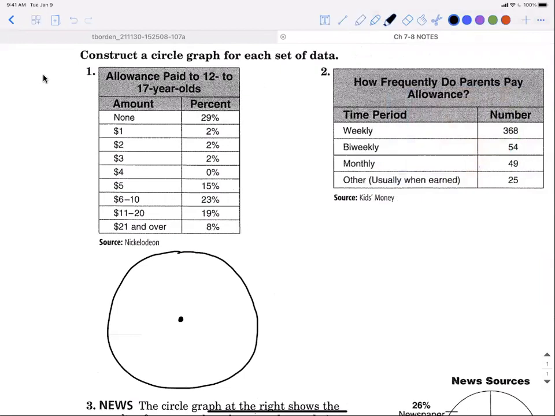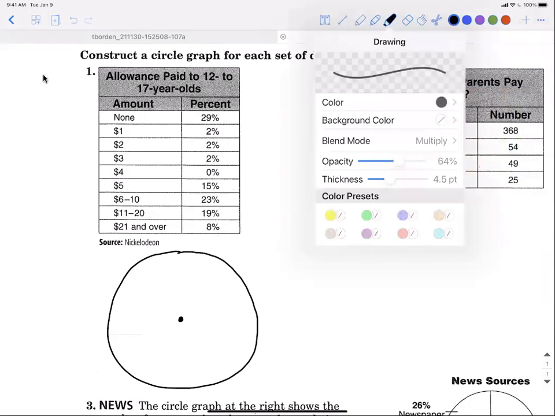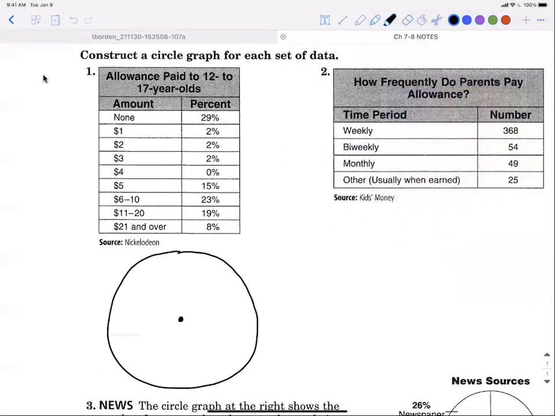Again, I'm going to do this very, very lightly, really thin and light. If you want to do it with your pencil, just really lightly sketch yourself some kind of framework to be able to see about how my circle graph breaks up.